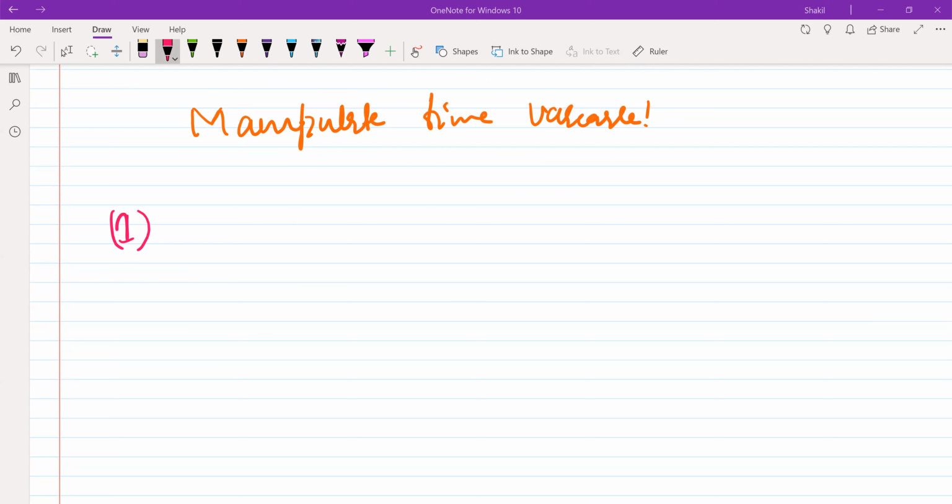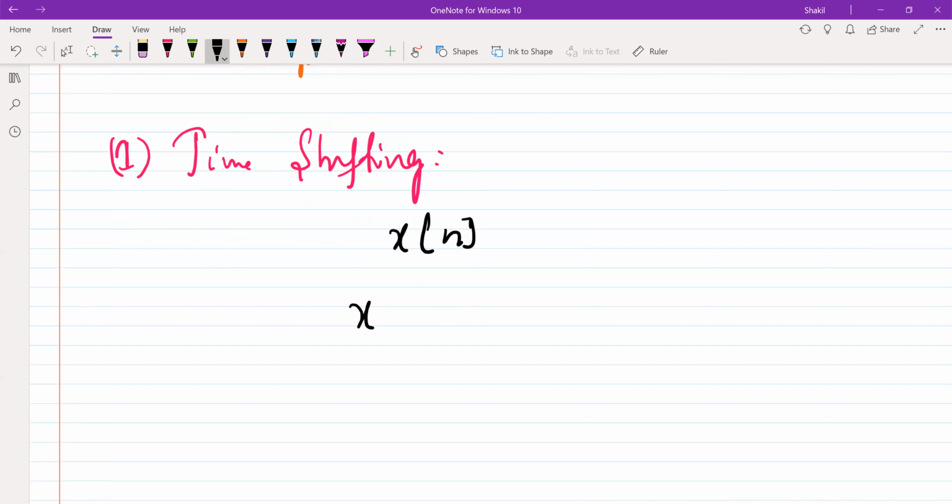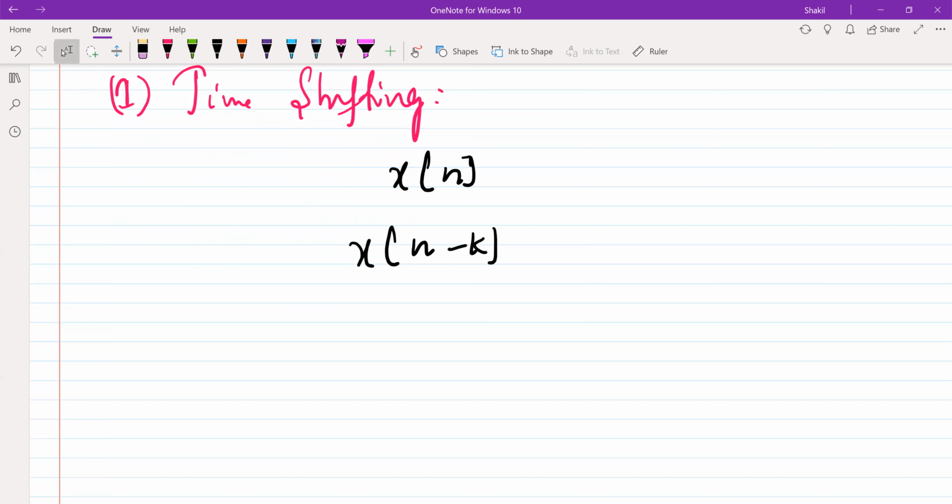All right, so the first basic signal processing operation that is performed on the independent variable is called the time shifting operation. As the name suggests, this simply means we are shifting the time by some amount. If we have a sequence x of n, and we shift this independent variable n by some amount, let's say k units of time, k is either a positive integer or a negative integer.